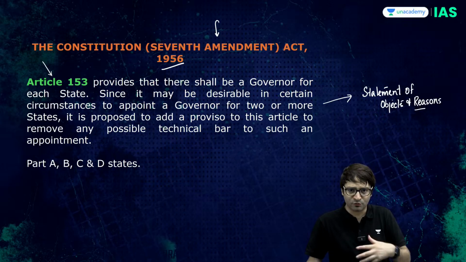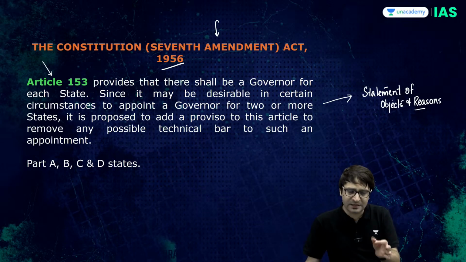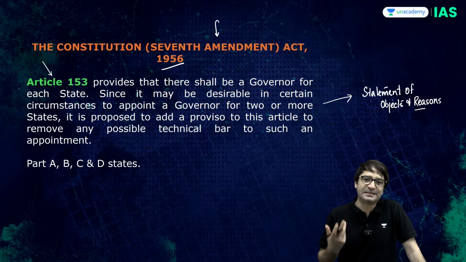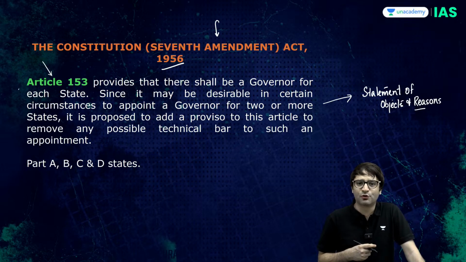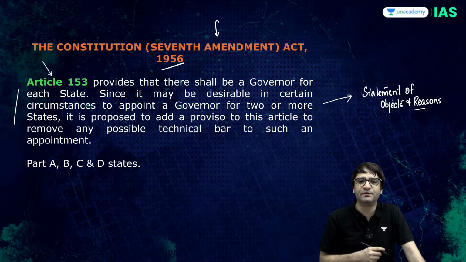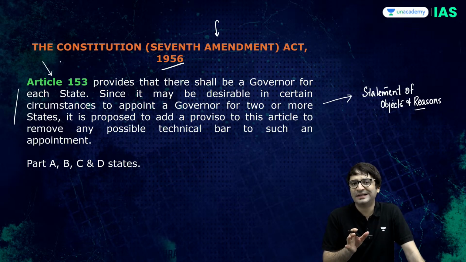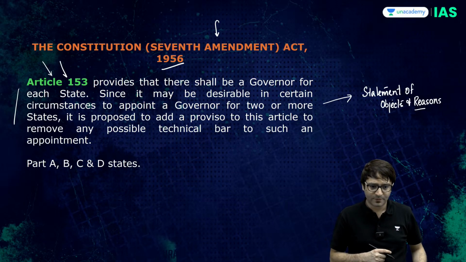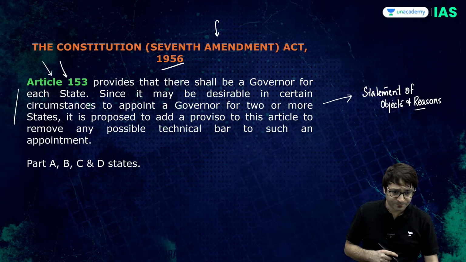What do we want to achieve? What is the reason behind this? And the reason given was, since it may be desirable in certain circumstances to appoint a governor for 2 or more states, that is why we need to amend Article 153 to remove any possible difficulty. Clear? Okay.